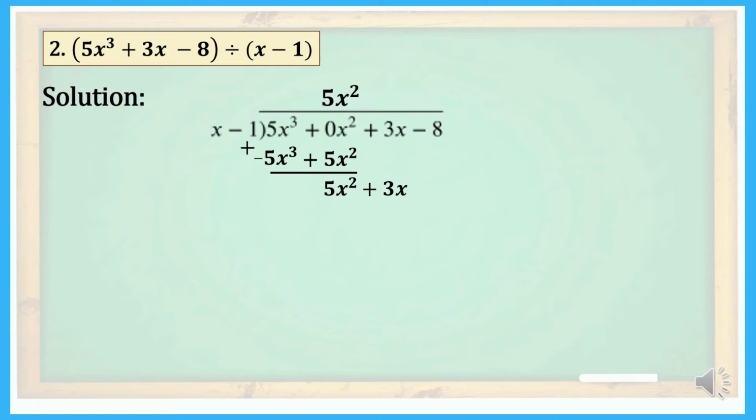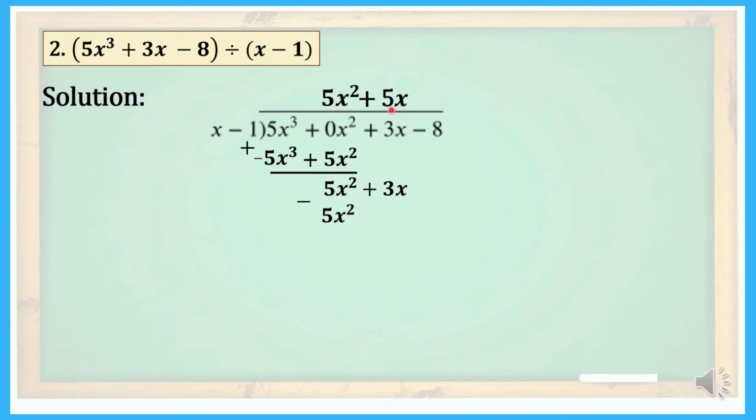So the same process, divide the first term of our dividend, which is 5x squared, divided by the first term of our divisor, which is x. So 5x squared divided by x is 5x. Then 5x times x is 5x squared.